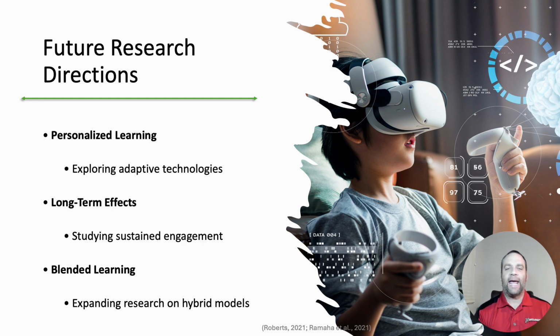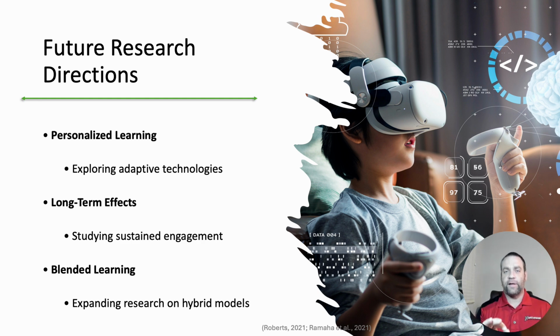These technologies can analyze students' performance in real time and adjust the content, pace, and delivery method to suit the individual learning needs. This level of personalization could really revolutionize how we think about education, making it more inclusive and effective for a broader range of students.